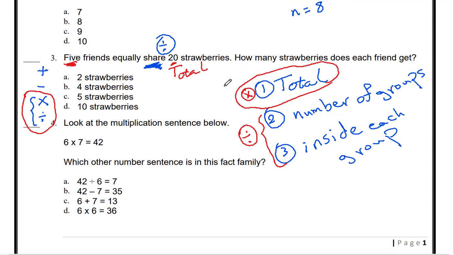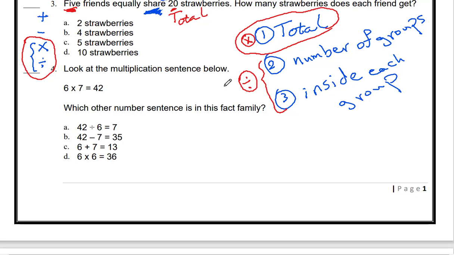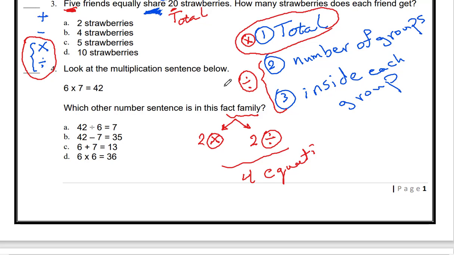For the next question, this is something we call a fact family. What is a fact family? A fact family is 4 equations: 2 multiplication and 2 division equations, and all of them use the same numbers.